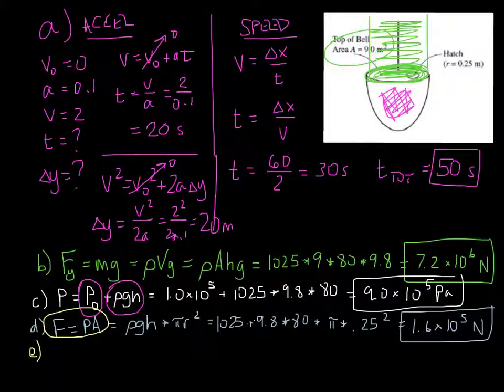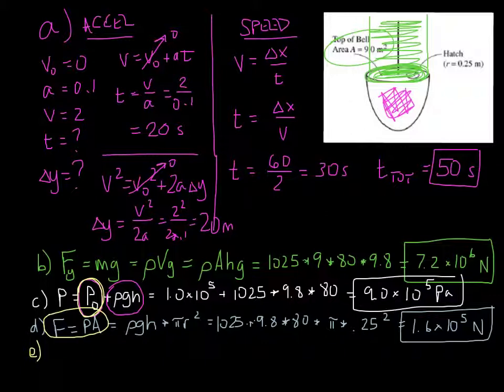Instead of reducing the pressure of all the water on the top, since you have to stay at the same depth, you could increase the pressure inside the bell. Increasing the pressure inside the bell would not only compensate for that surface pressure, the P0, but it would also take into account some additional water pressure that would be canceled out with it as well.